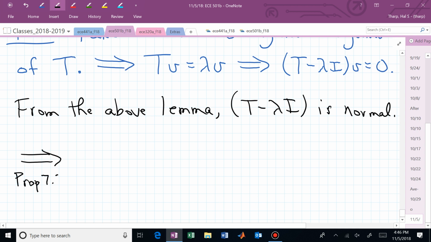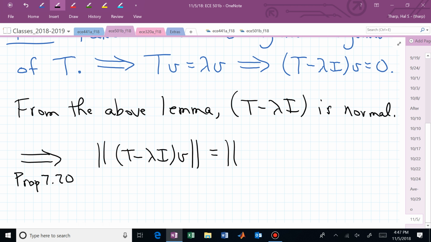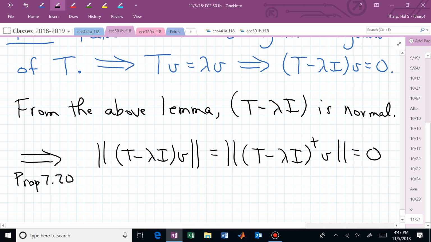And if T minus lambda I is normal, then from proposition 720, we now know that the norm of (T minus lambda I) V is equal to what? The adjoint of that operator, T minus lambda I, applied to the same vector V. But we know that (T minus lambda I) V is the 0 vector, so the norm of the 0 vector is 0 for both cases.